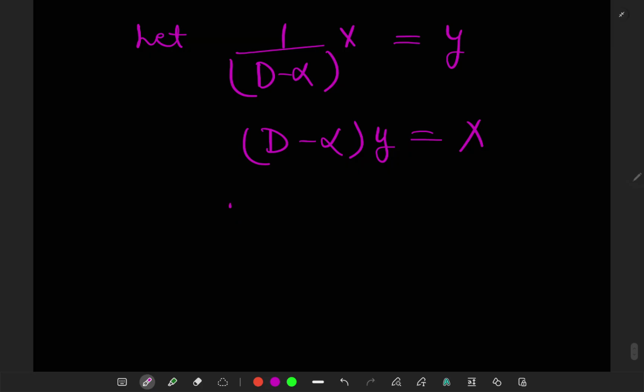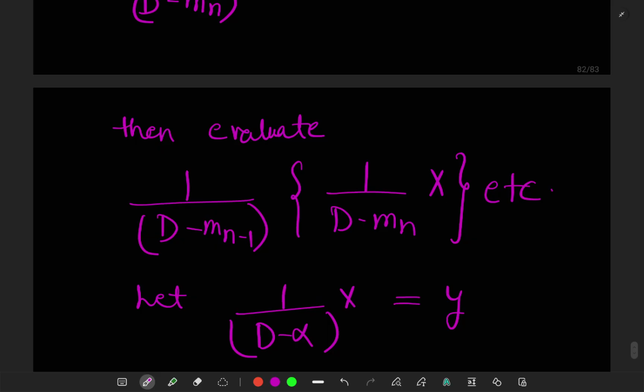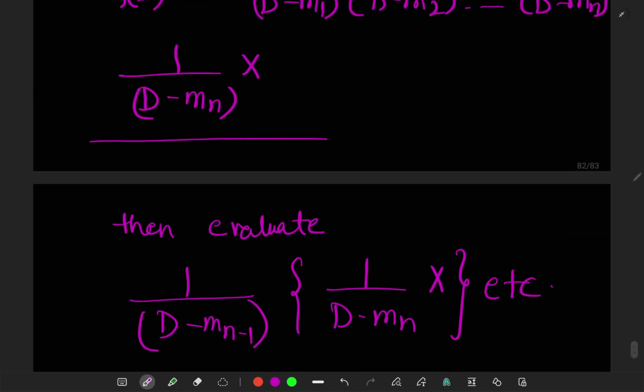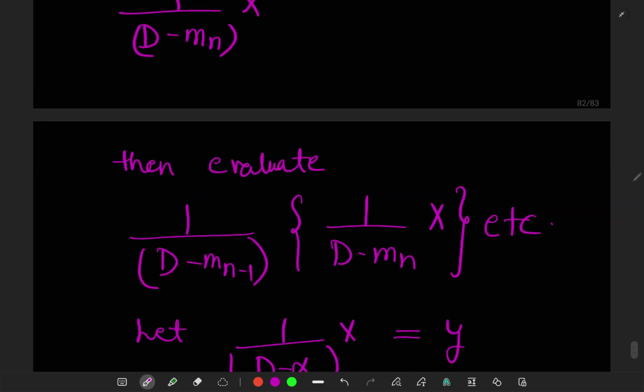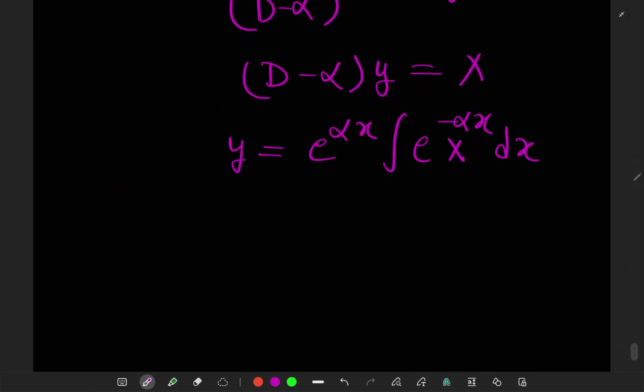For their solution we have an important formula: y is equal to e raised to power alpha x integral e raised to power minus alpha x into x dx. According to this method we find this value and then evaluate this value.